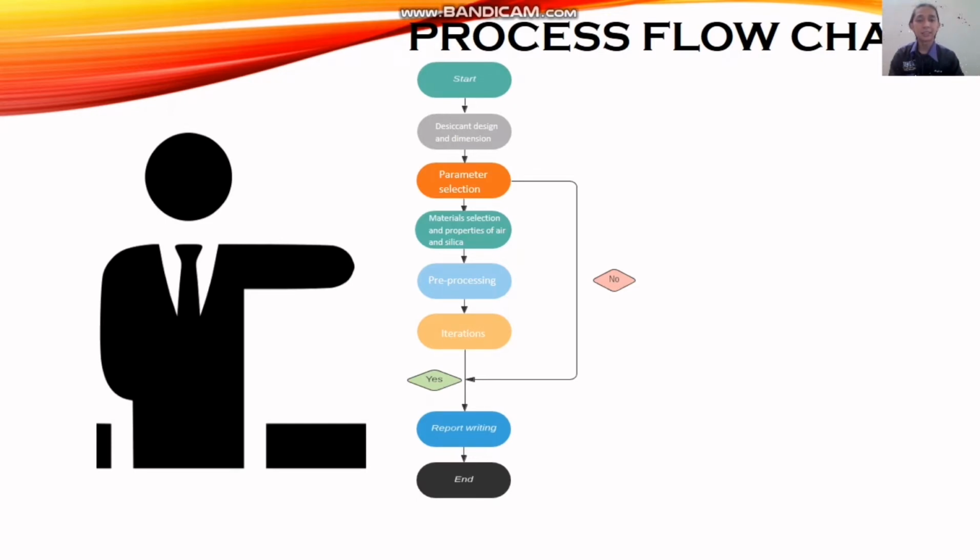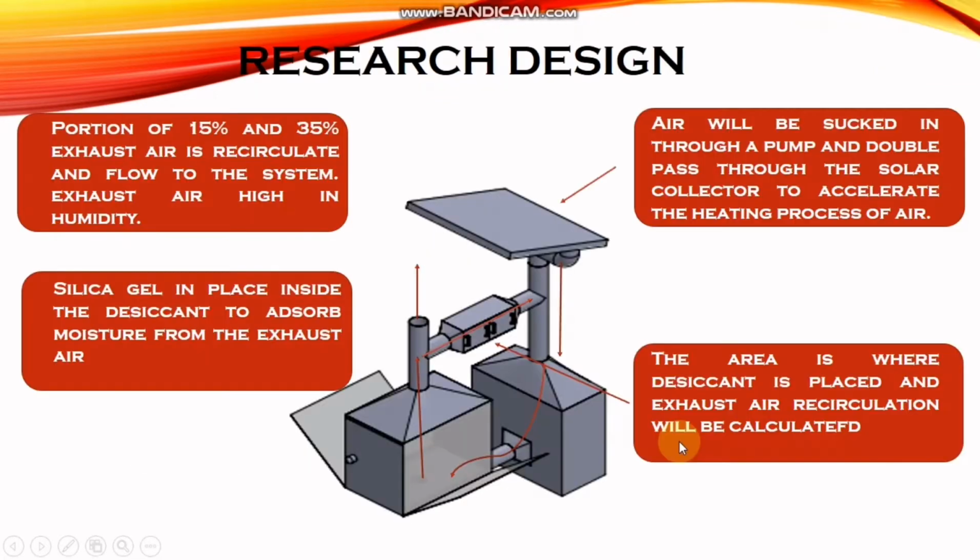And then we go to pre-processing, which will start the simulation, and the iteration cycle is set to 1000 times. And then report writing, and if everything goes well, the final project is done.